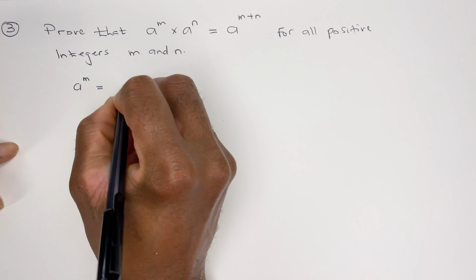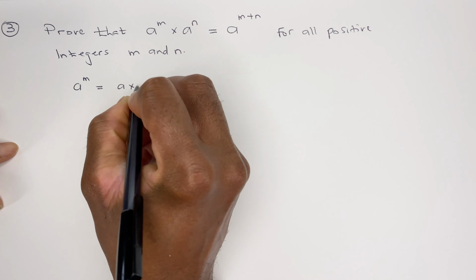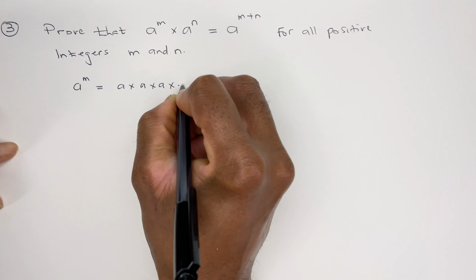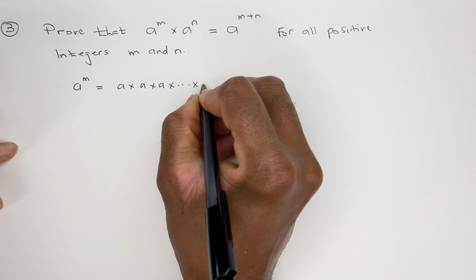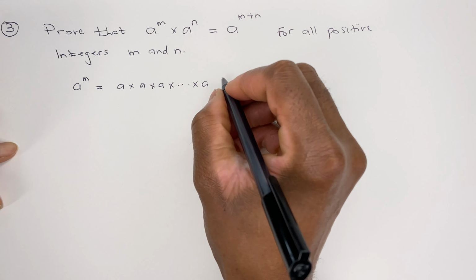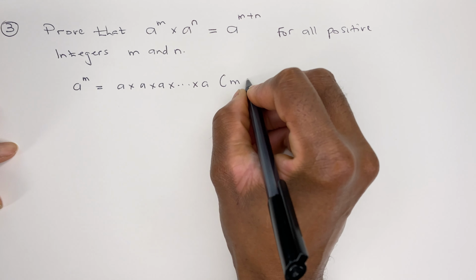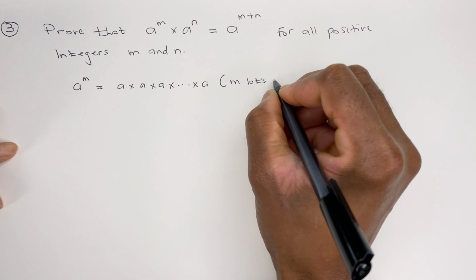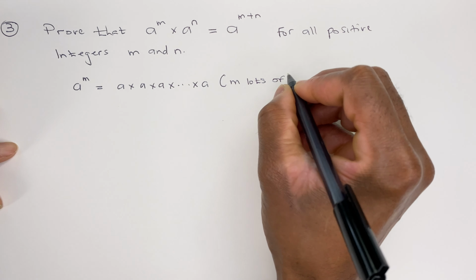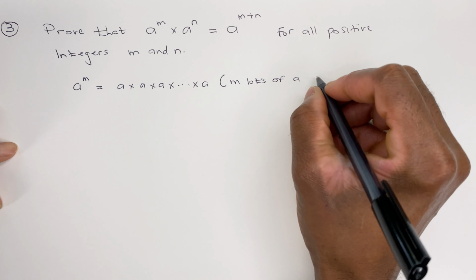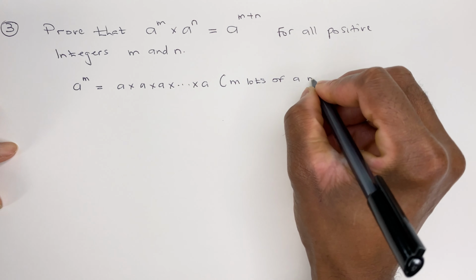A to the power of m is a times a times a times dot dot dot times a. So that is written as m lots of a multiplied together.